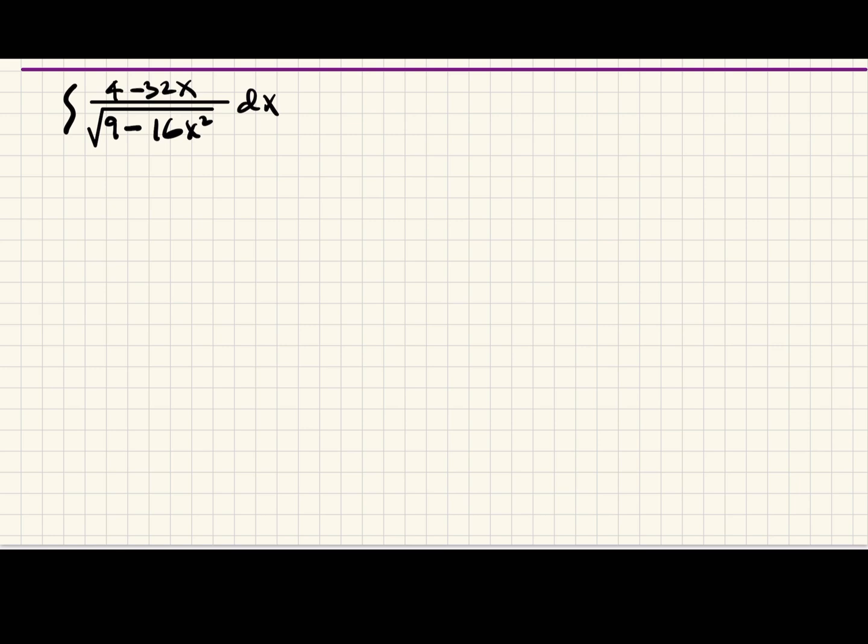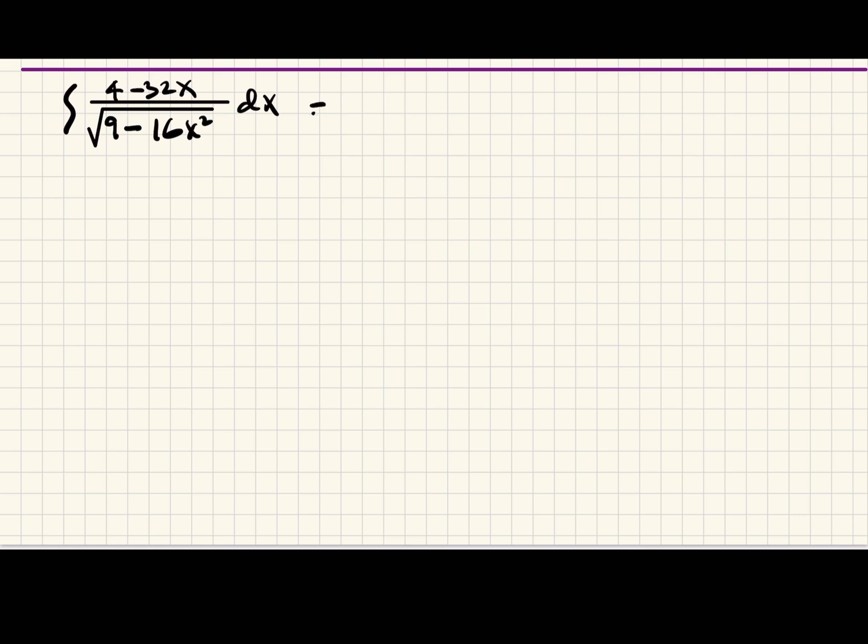Okay, so I'm looking at that and I'm going, the derivative of 16x squared is 32x. That's what you guys are seeing, aren't you? But you're also looking at that 4, aren't you? Darn that 4. Okay, well, maybe what I can do is turn this into 2 integrals. That would help, because the other one I'm seeing pretty clearly, right?